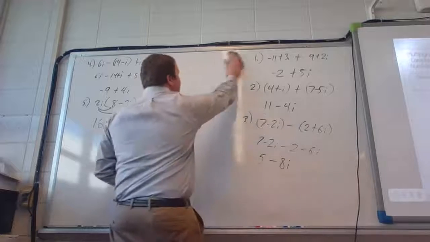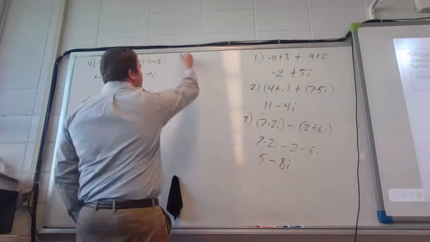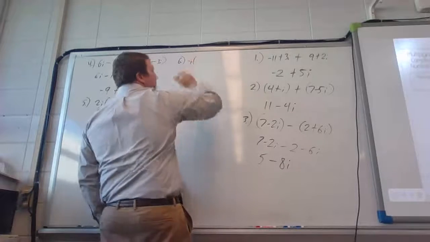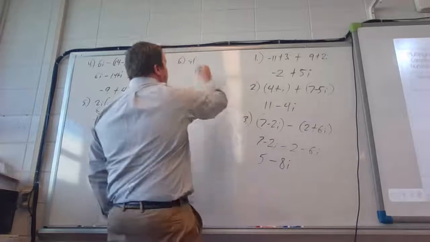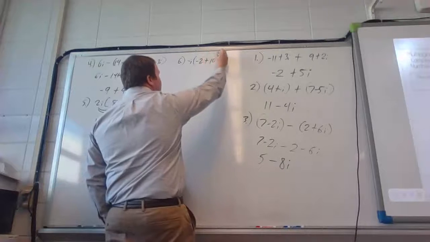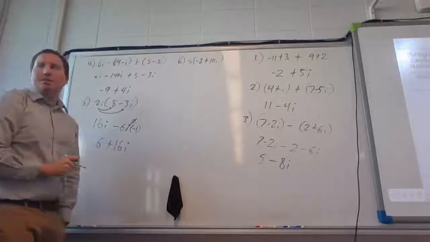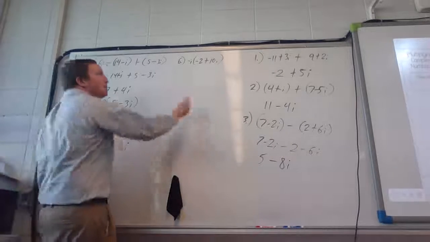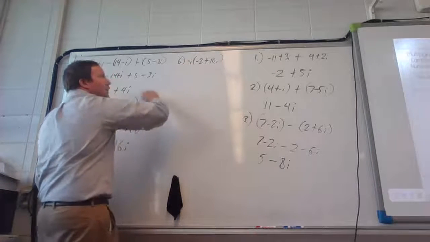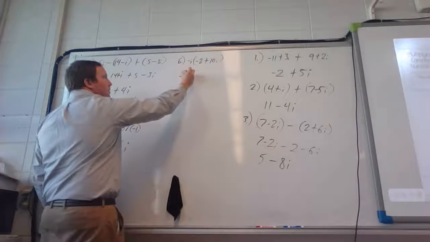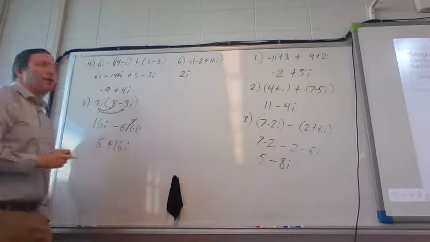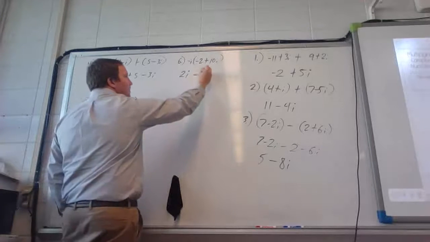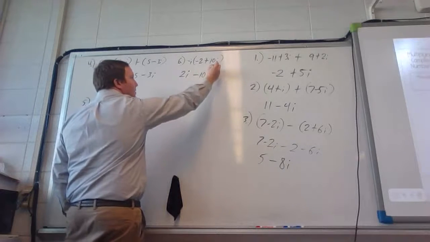So number 6. We have -i times -2 plus 10i. So again, same concept. We want to distribute that -i to everything on the inside. So -i times -2 gives us a positive 2i. And then -i times 10i, -10i squared.